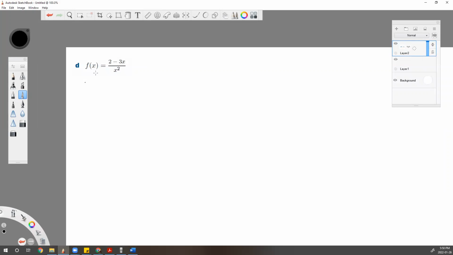So first, you have to write down the first derivative, dy/dx, right? So u is 2 minus 3x. You use the quotient rule, right? I put this naming for the sake of easiness. v equals x squared. u' is -3, v' is 2x.